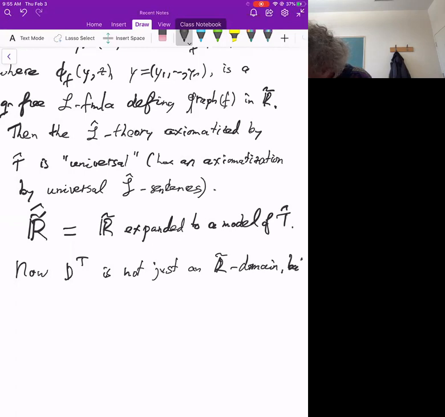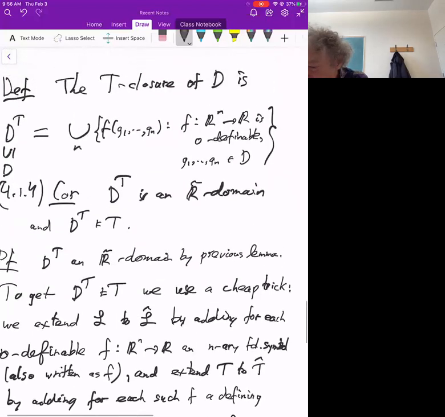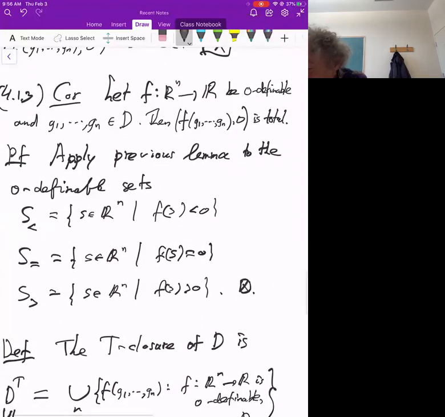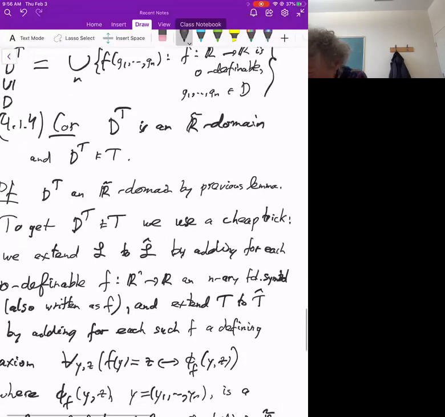but even an R tilde hat domain, again, essentially because of this lemma that we proved before, or this corollary 4.13 that we proved here. Right.